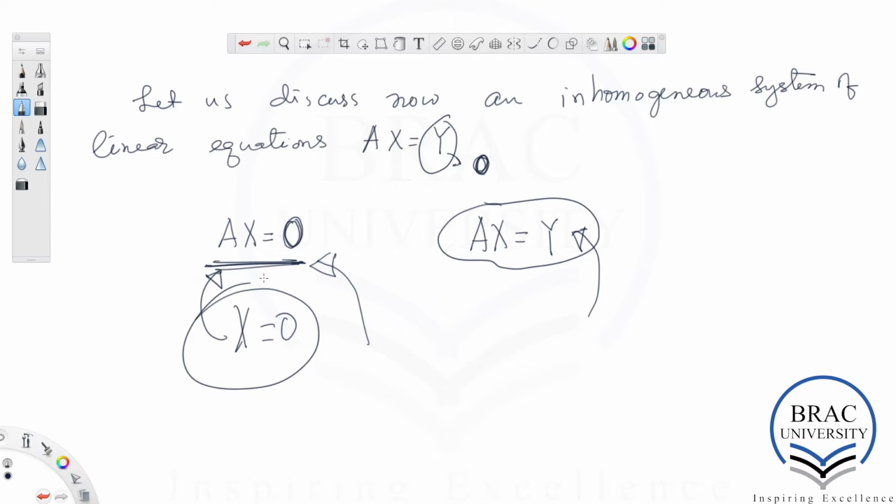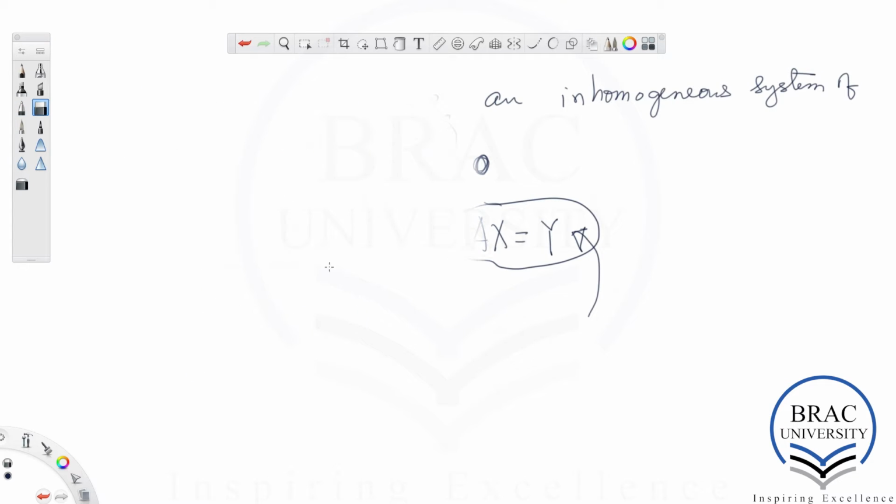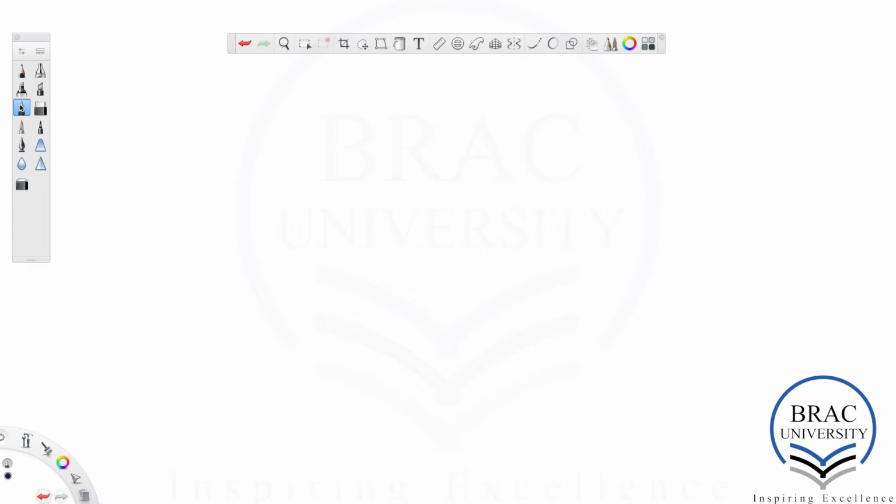Now let us get started with the discussion. We form a matrix out of the inhomogeneous system of linear equations Ax is equal to y, called the augmented matrix, which we denote by A prime, in the following way.